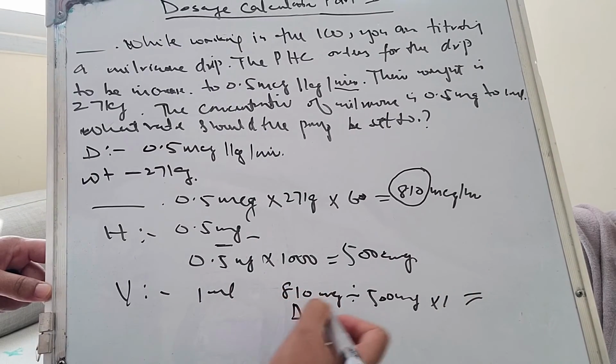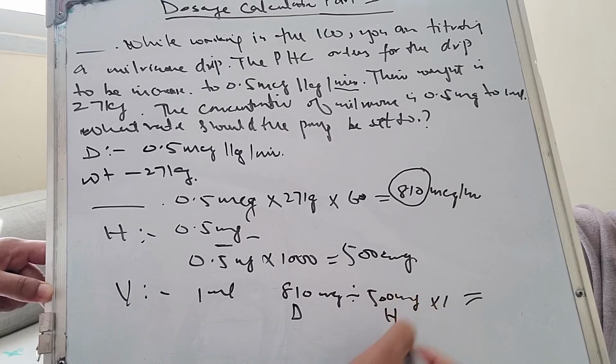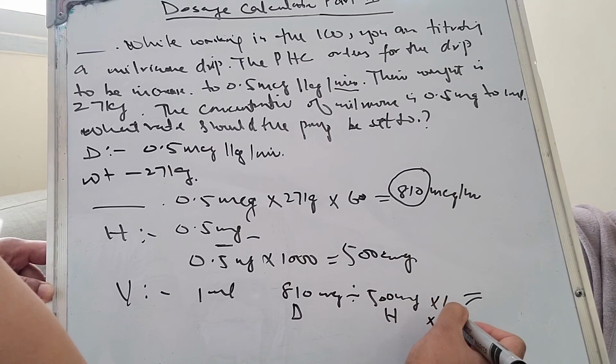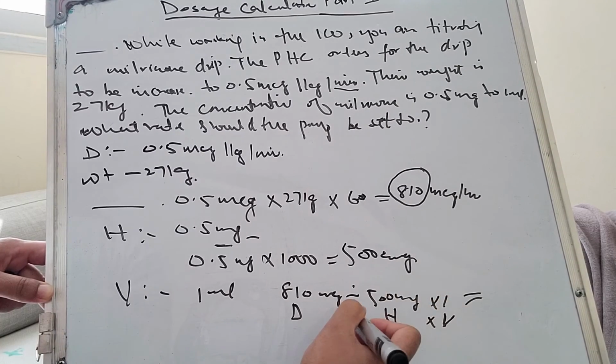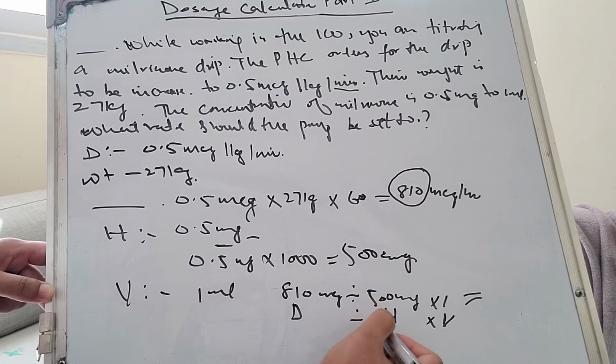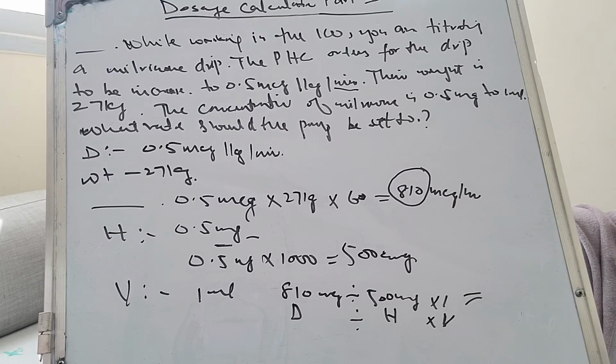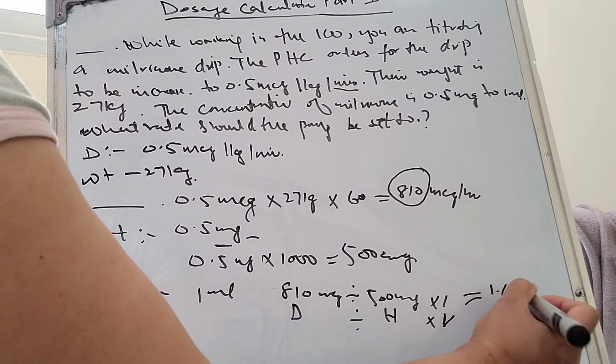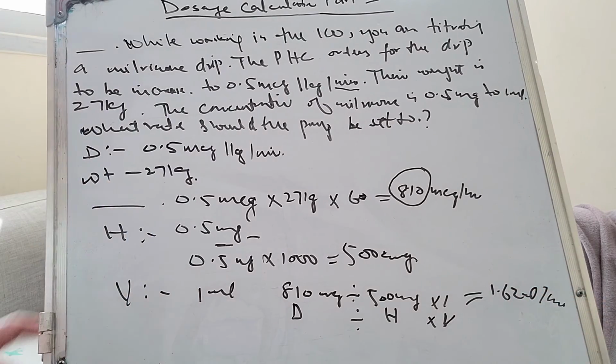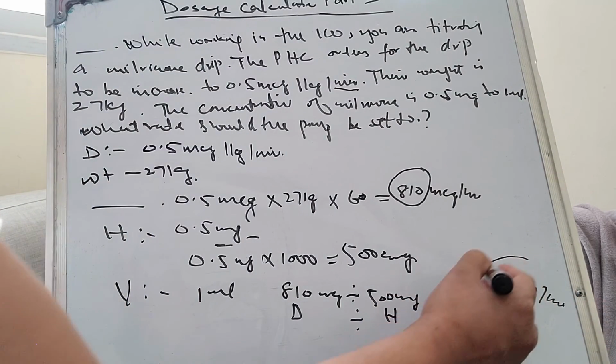Desired divided by hand multiply by vehicle. So what will our answer be? 1.62 ml per hour. This is our correct answer.